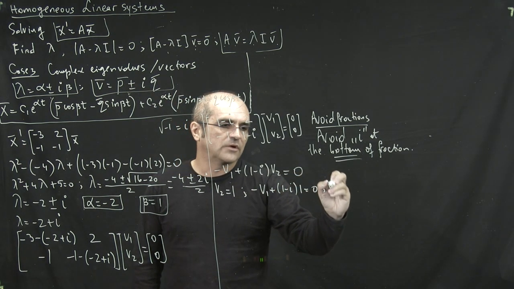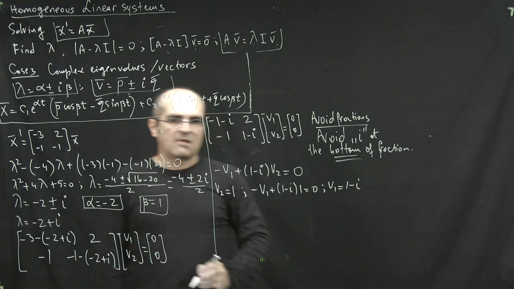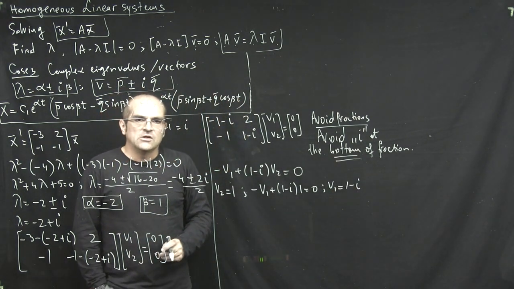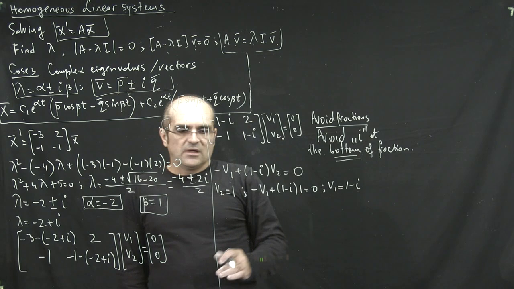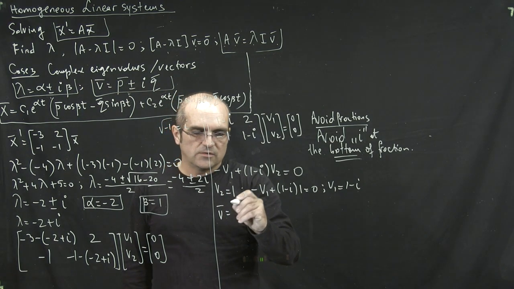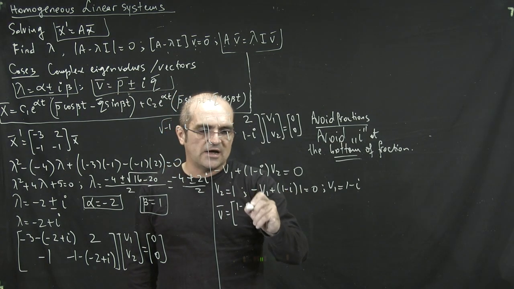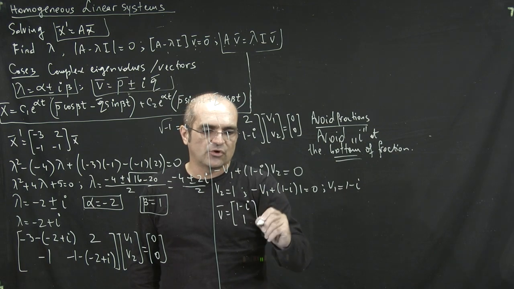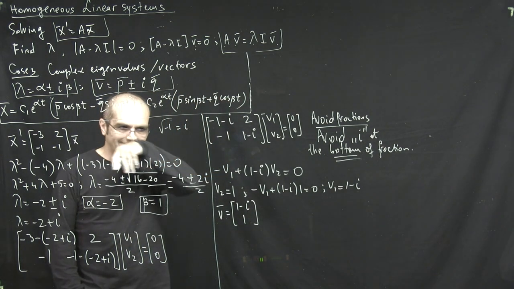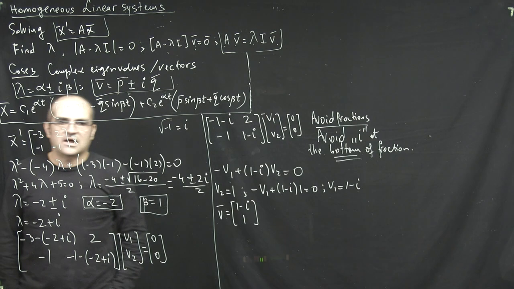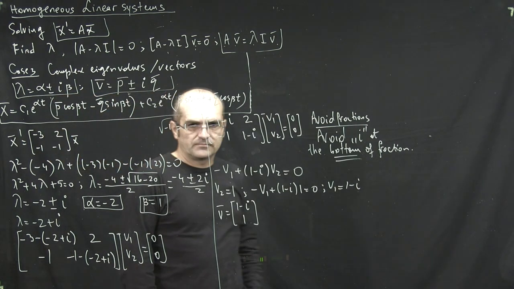And then V1, of course, if you solve for it, will be 1 minus i. So again, go slow on this part. Therefore, your eigenvector is 1 minus i and 1. Make sure you put the entries in the correct order. V1 is 1 minus i, V2 is equal to 1.